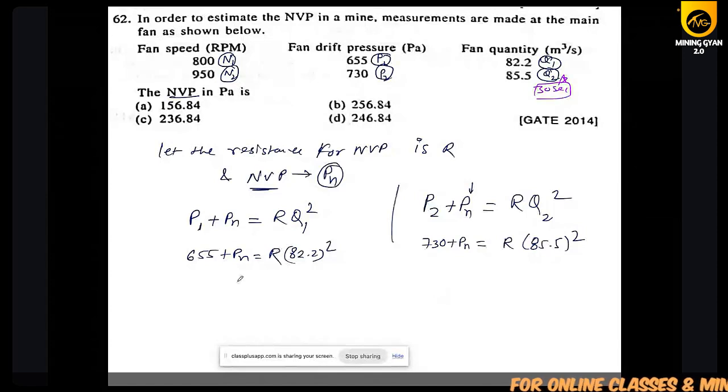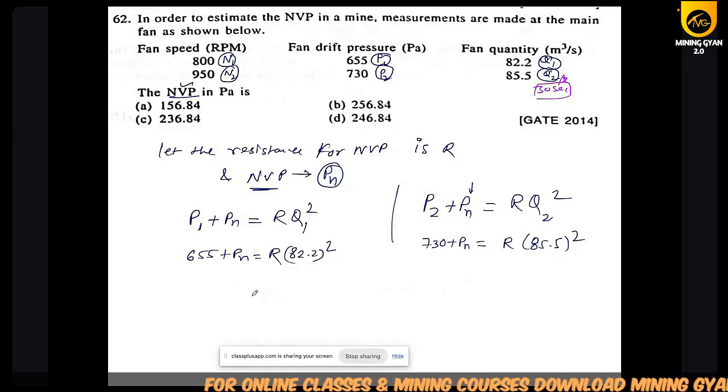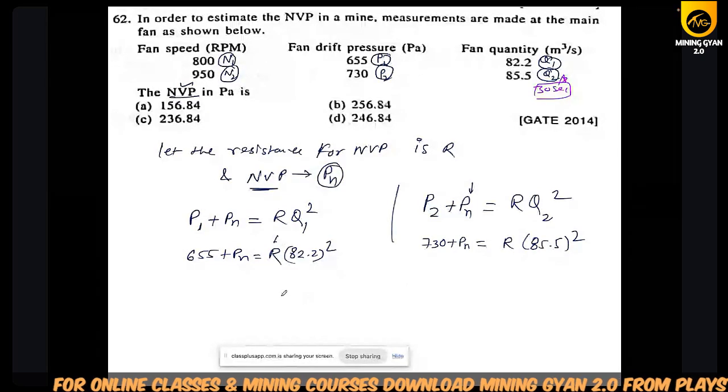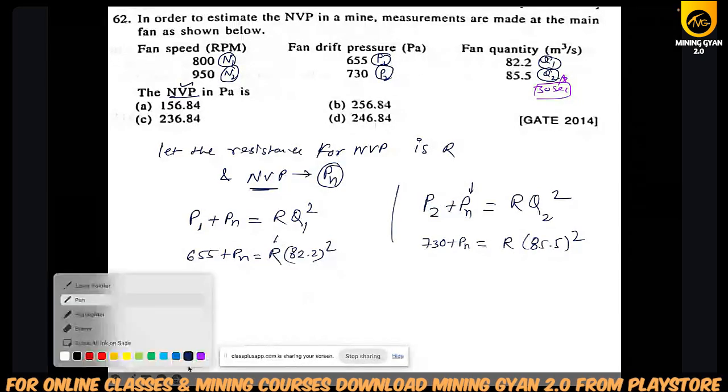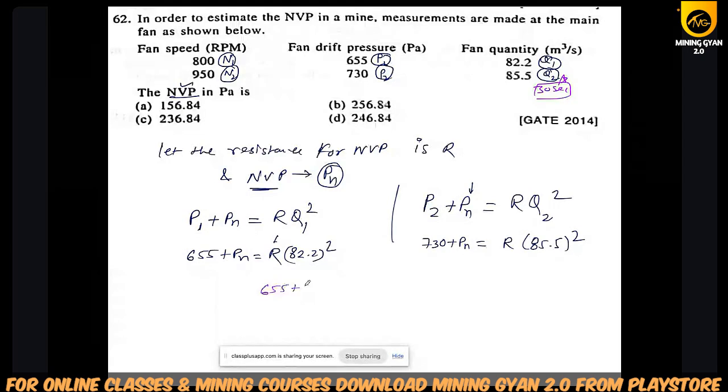Because we need NVP, that means PN we need to solve. We don't know R also, so we can divide, and R will be eliminated. If you divide equation 1 with equation 2, 655 plus PN divided by 730 plus PN equal to Q1 square by Q2 square.